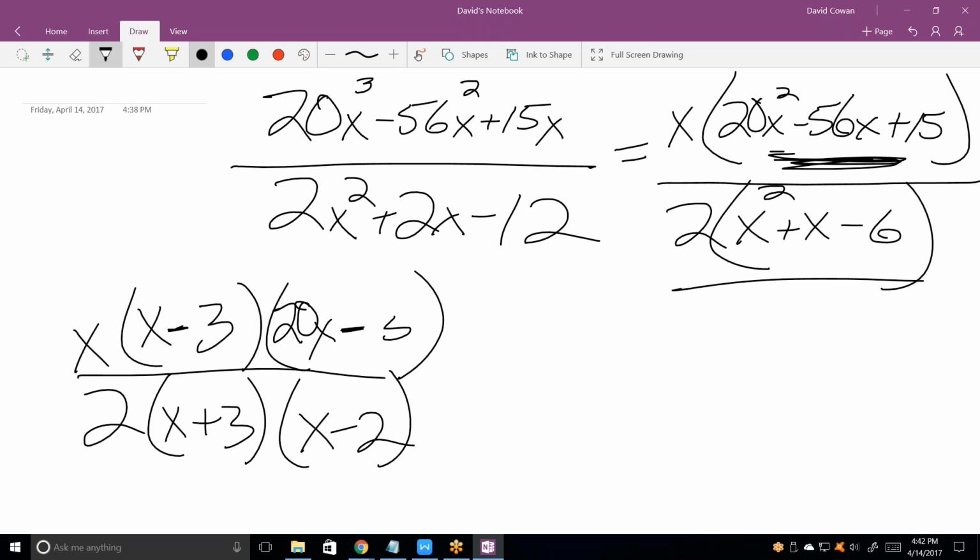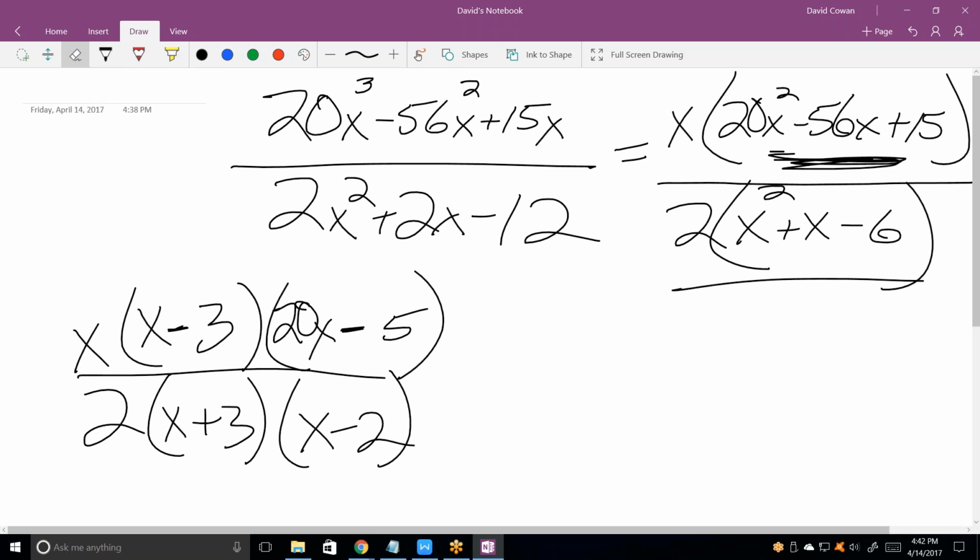And is that going to work? No. In other words, that produces the 20x squared and the plus 15, but it just barely misses the middle term. So that top term does not factor the way we would like.